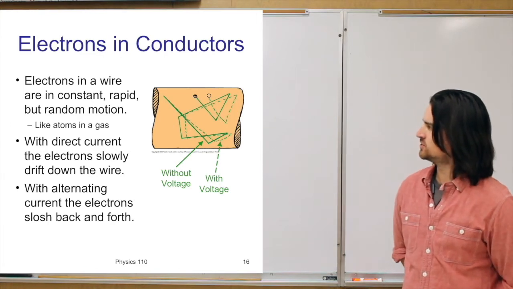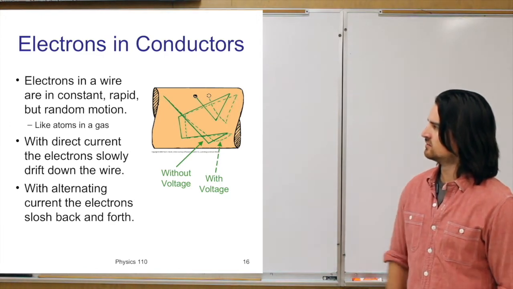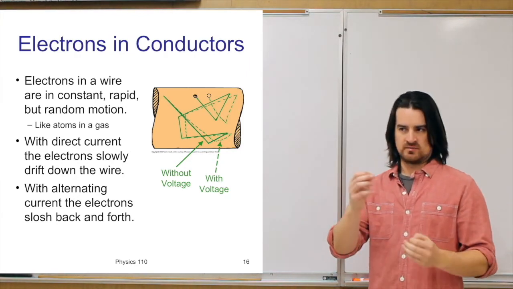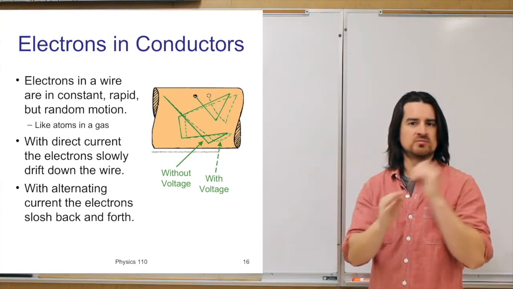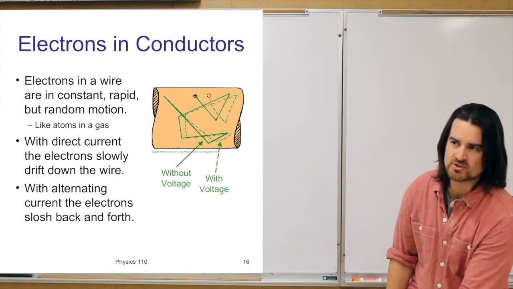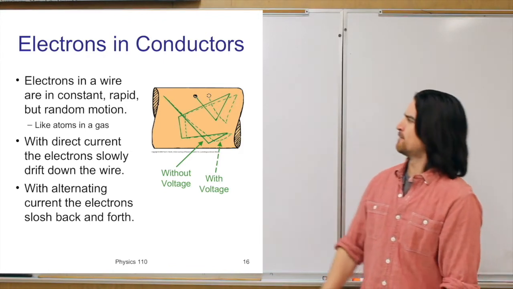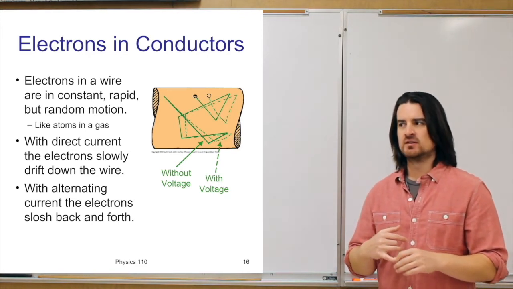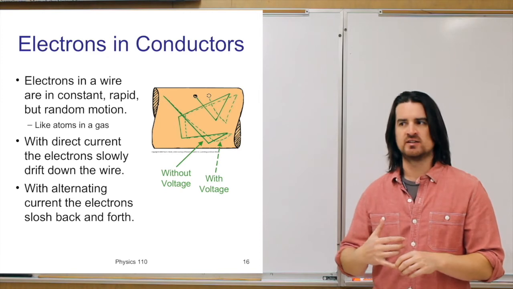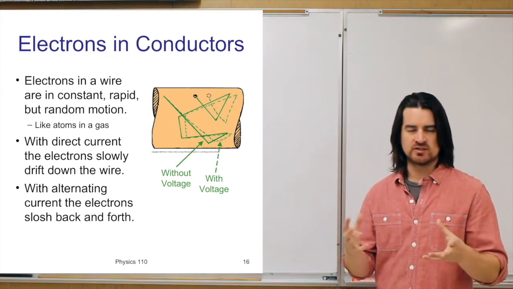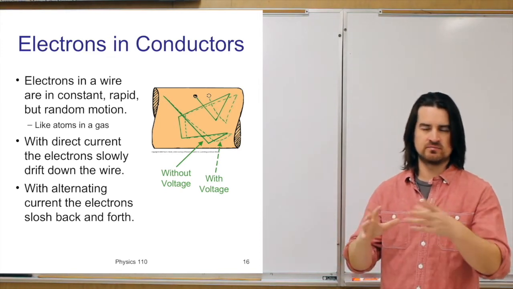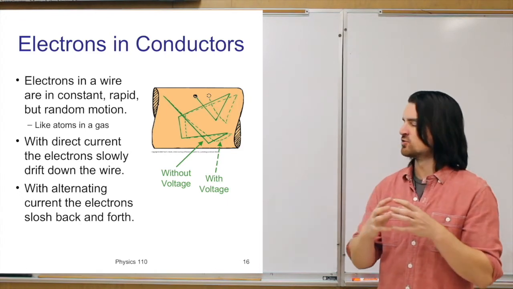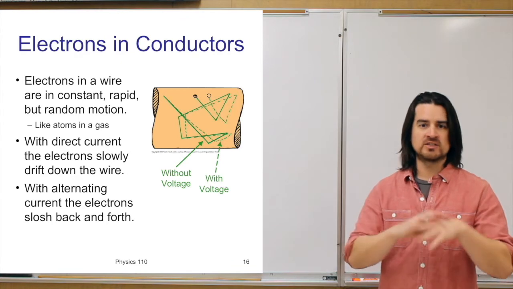Just like atoms in general, we talked about this before, electrons are in constant motion. They're perpetually moving around. And one thing that makes something a conductor is that the electrons that are part of the atoms that make up that conductor, generally metals, are pretty free to move around the entire conductor.